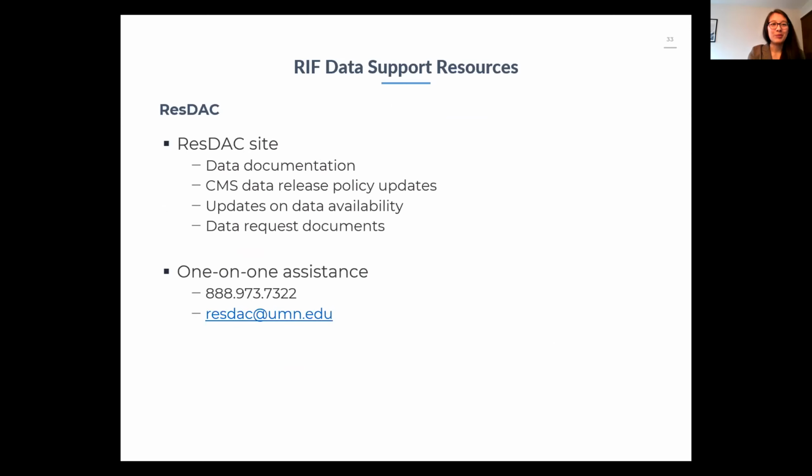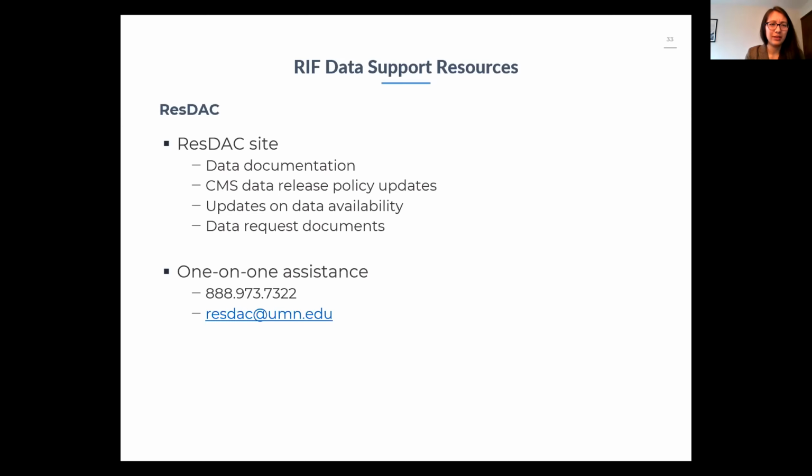And then I'm going to wrap up with ResDAC. Last but not least, we host the data documentation as well. We have all the information on Medicaid research identifiable file availability. If you select a page, besides just the detailed record layout for the files, you can get an overview of the files, and that can be helpful if you're just trying to figure out what types of services actually fall into other services because you forgot after this presentation or after this workshop.